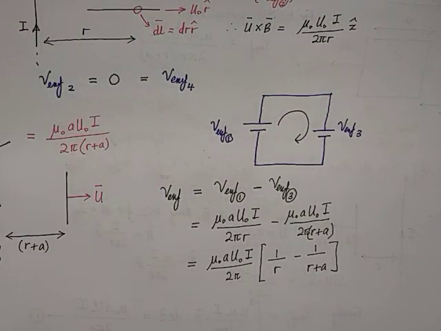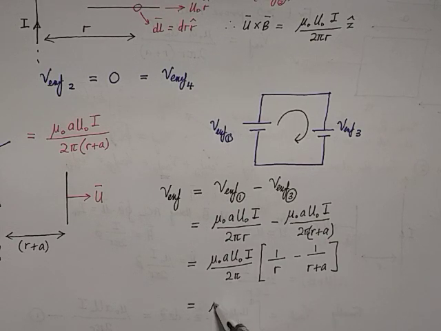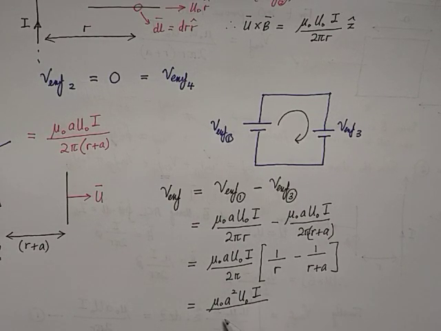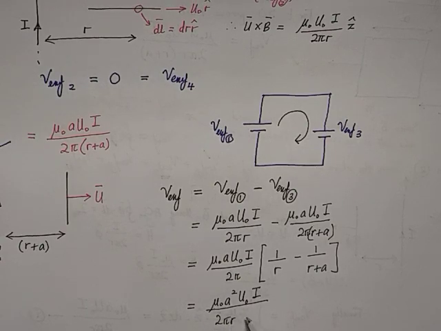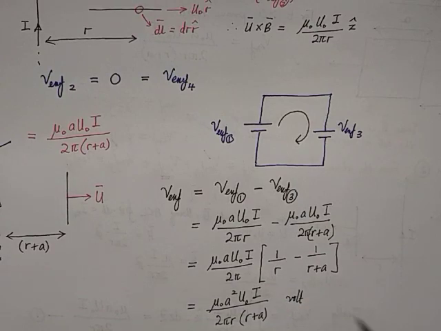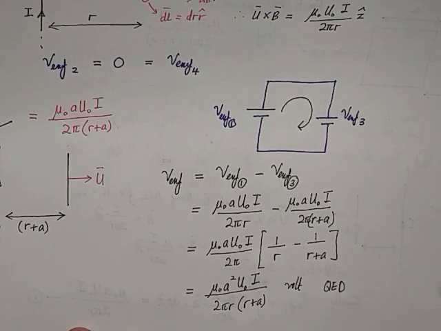Okay, so you can have R plus A here, R here, so therefore you're going to have the final solution equal to mu naught A squared U naught I over 2 pi R (R plus A) volt. Okay, which is exactly the same as what Sadiku asked us to prove in that particular problem.